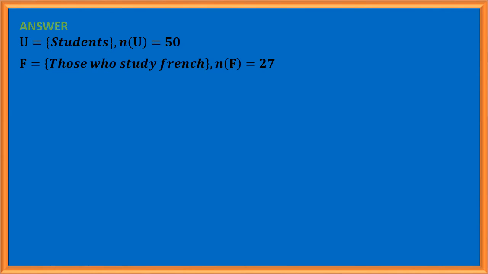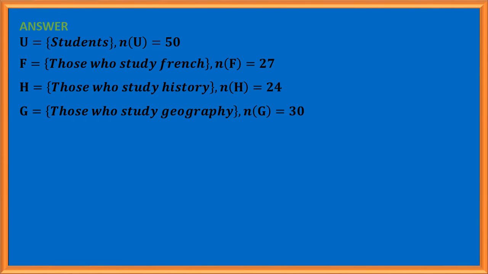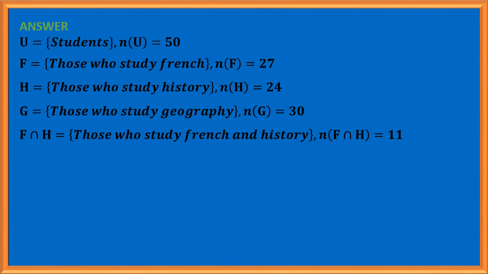For the solution of that particular problem, our U represents students, so the number of U will be 50. F represents those who study French, and the number of F will be 27. H represents those who study history. That is, the number of H should be 24. G, those who study geography. The number of G should be 30. F intersection H represents those who study French and history. That is, the number of F intersection H should be 11.